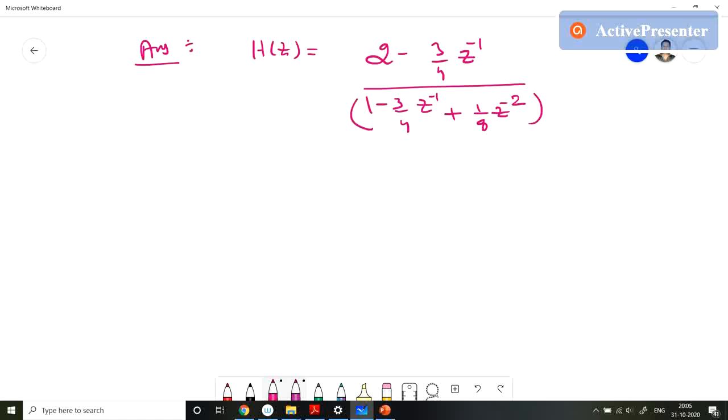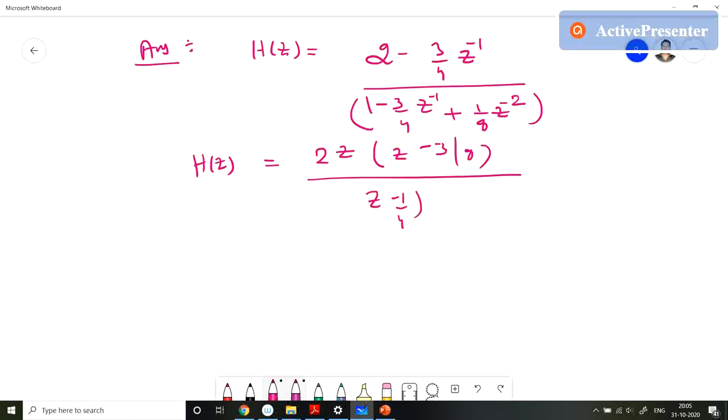Now we can write this in factored form, in terms of factors. If we find the factors, then we get 2z (z − 3/8), divided by (z − 1/4)(z − 1/2).